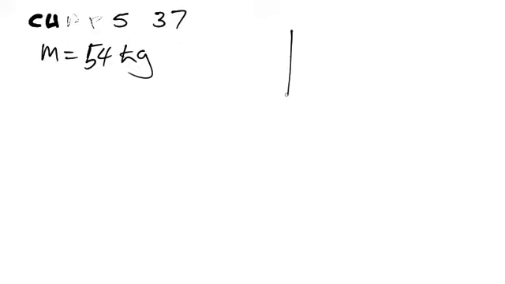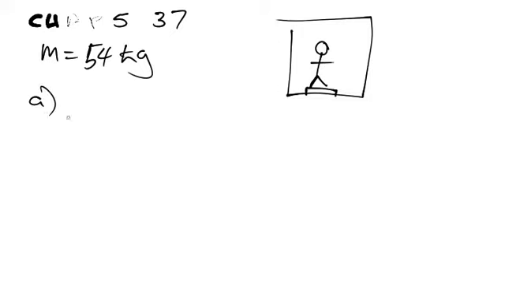So here's the elevator, and here's the scale that she's standing on. And the question says, part A, what is the weight of her if she is moving at a constant speed upward, constant velocity going up at 5 meters per second?